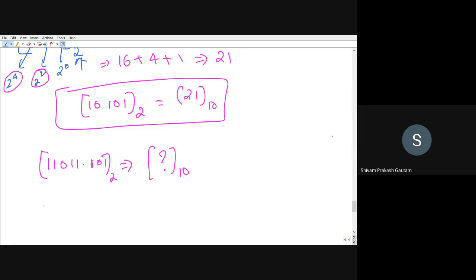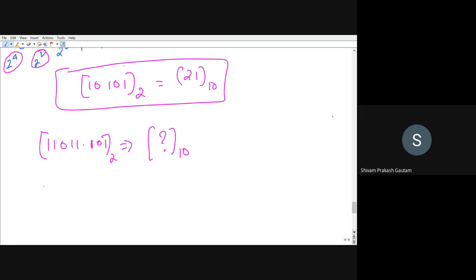So how to proceed in this case? This is again quite similar to what we have seen for the earlier case. This is 2 to the power 0, 2 to the power 1, this place is 2 to the power 2, 2 to the power 3, and this is 2 to the power 4. Here 2 to the power minus 1, this represents 2 to the power minus 2, and this place represents 2 to the power minus 3. Is it okay to all of you? Are you understanding this? Yes, sir.